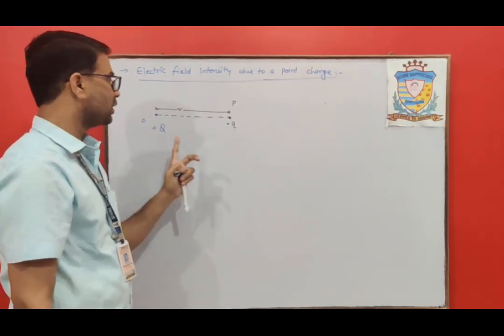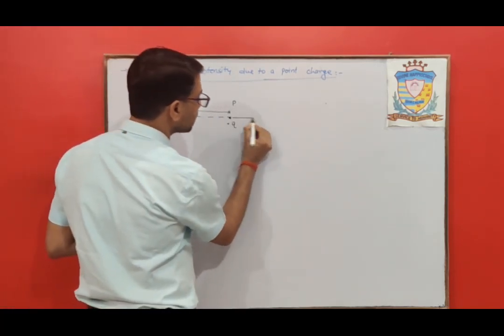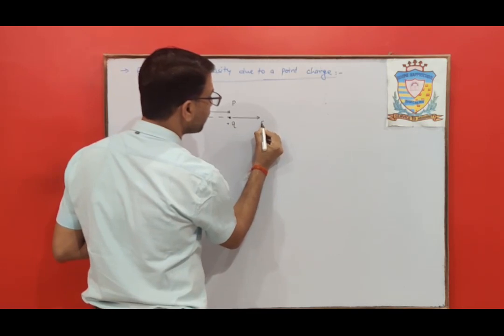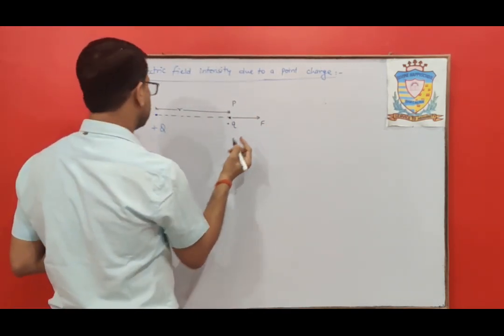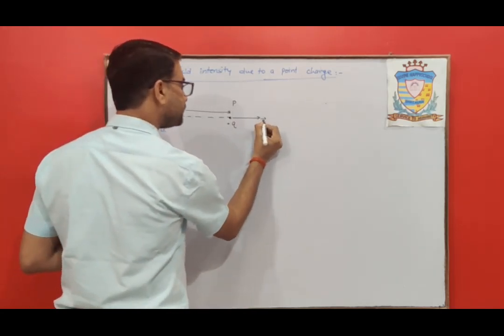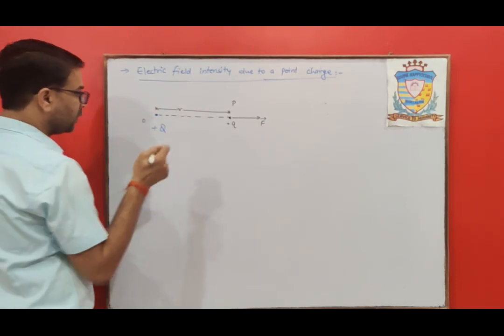If these two charges, source and test charges, are the same in nature, in that case this will be the direction of force and this will be the direction of electric field intensity. Now we'll find the value.